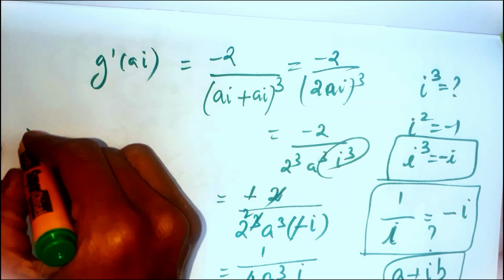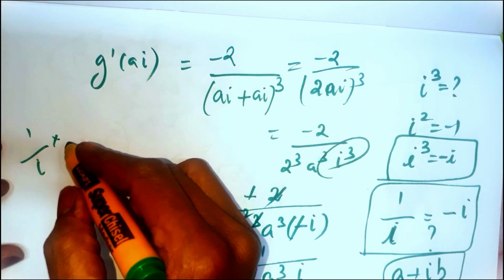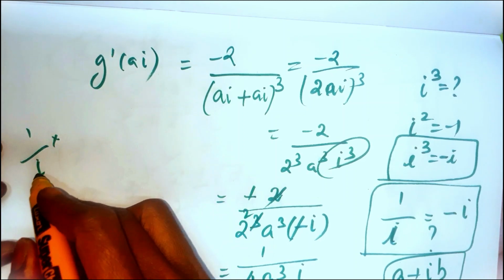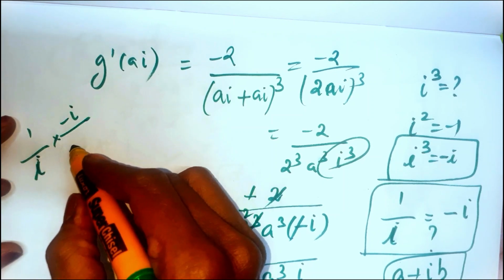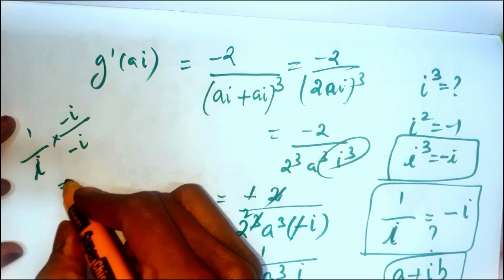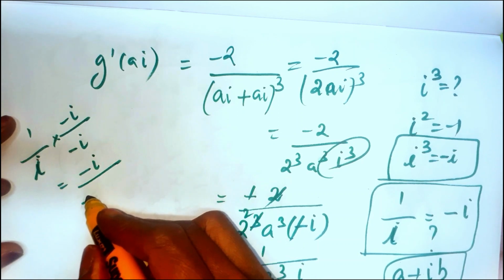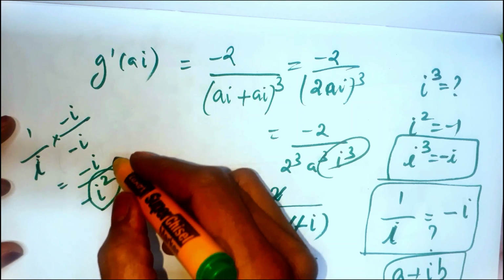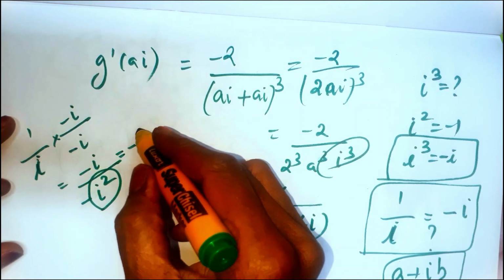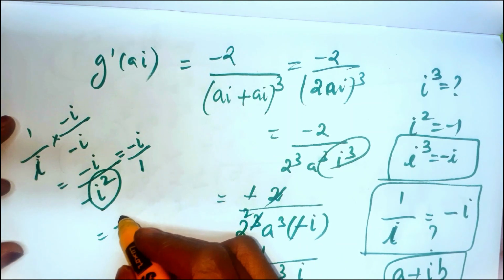I will explain. 1 by i, multiplying and dividing by its complex conjugate. What is the complex conjugate of i? Minus i. So minus i by minus i squared. i squared value is minus 1, so minus into minus is plus 1. So finally it is minus i by 1, which is minus i.